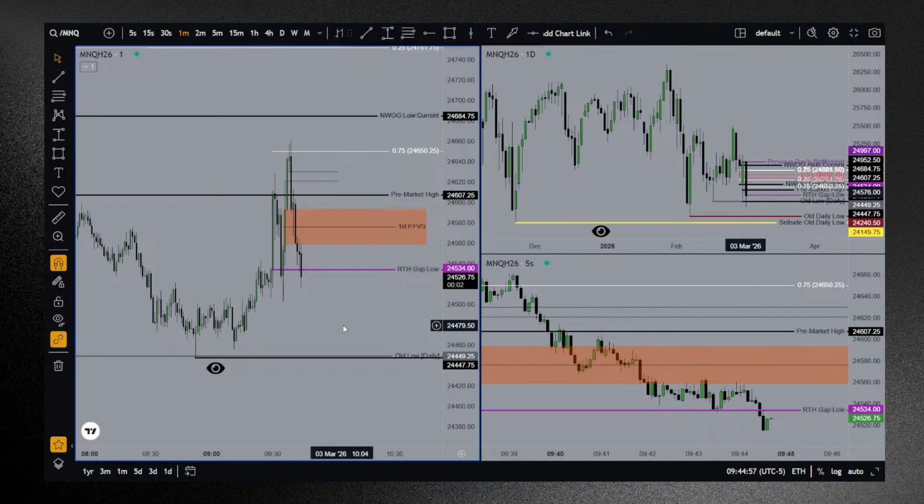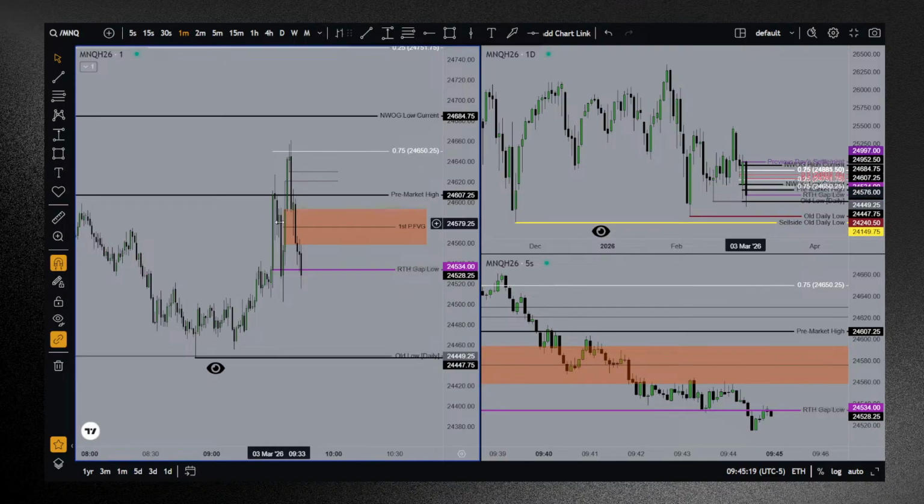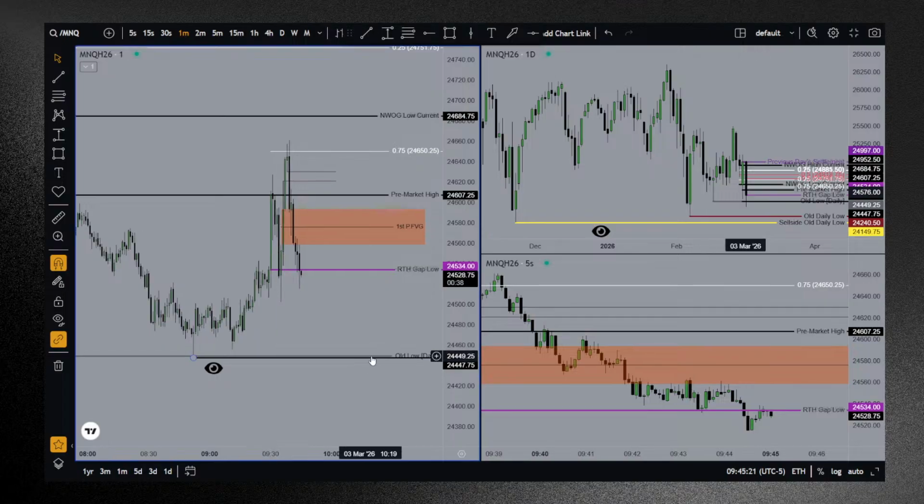Sadly, I do have some connection issues, and for whatever reason my internet is slowing down or almost losing connection, which is pretty bad. I should probably restart the router, but yeah, things are happening really fast in here.